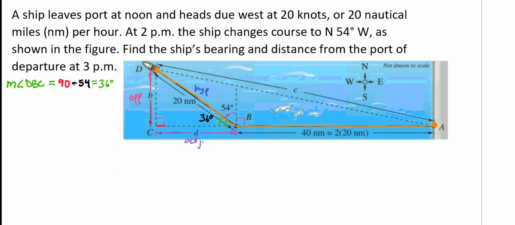To solve this, we're going to find the sine of that 36 degrees. I'm going to set that up as our opposite over our hypotenuse.